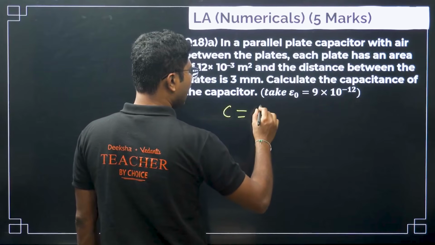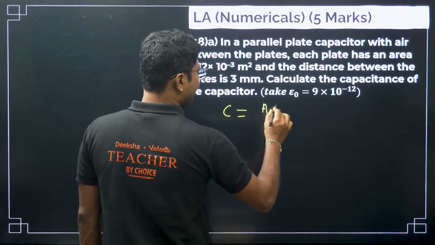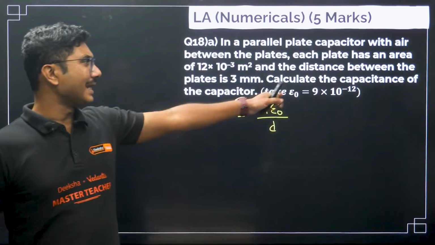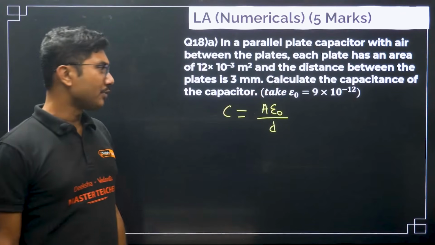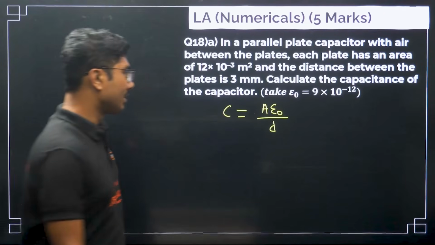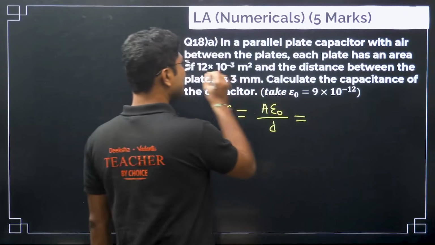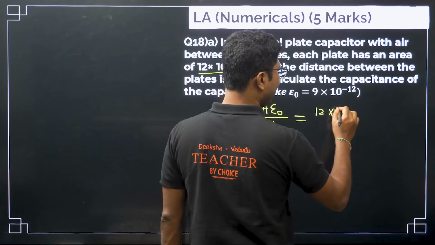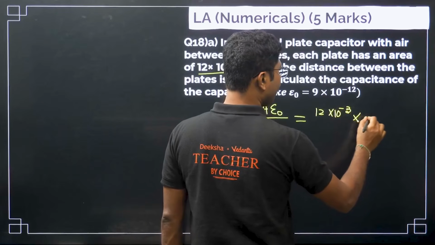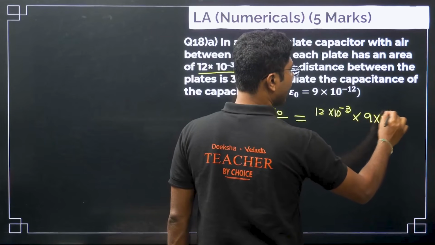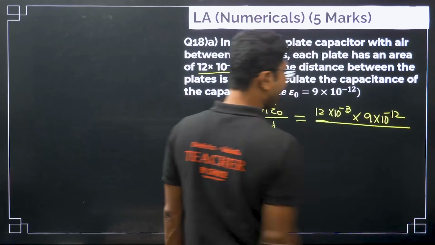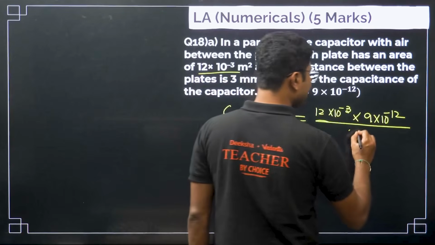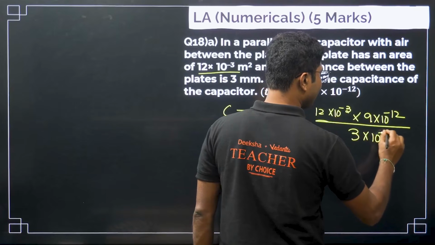Capacitance is A epsilon naught by D. Here they have mentioned to take epsilon naught to be 9 into 10 to the power of minus 12, so we will take that value only. Area is 12 into 10 to the power of minus 3 meter square, epsilon naught is 9 into 10 to the power of minus 12, and distance D is 3 millimeter, which means 3 into 10 to the power of minus 3 meter.